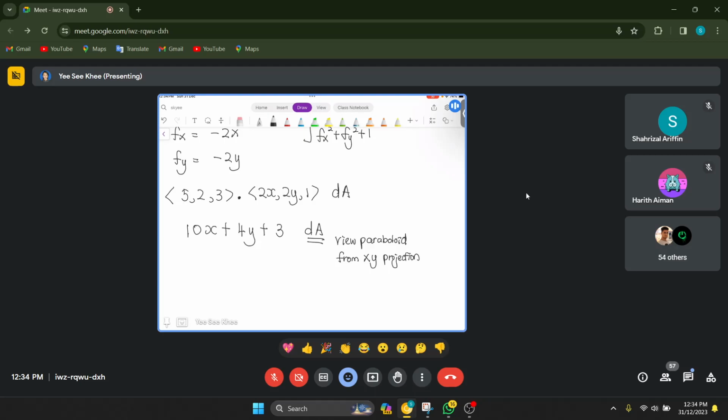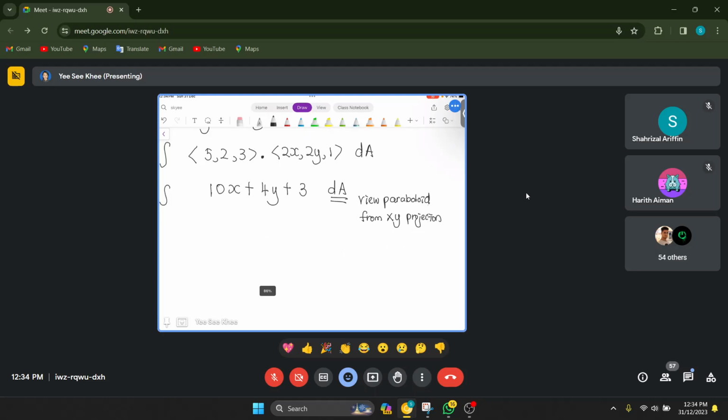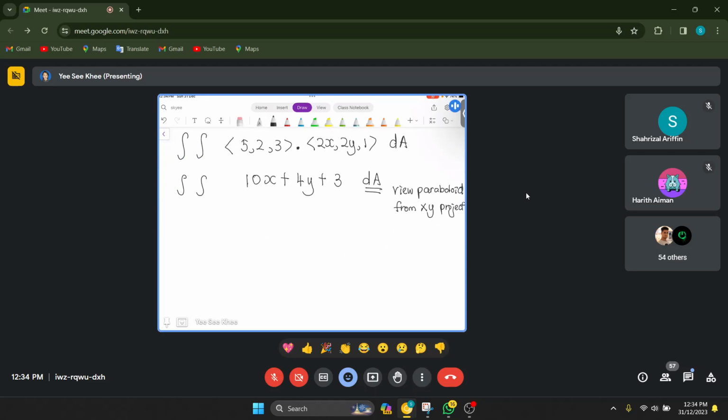In the XY projection, you will see a circle. So for the dA, you will use polar coordinates, it will be easier. Since you want to use polar coordinates, your integral will be dr and d theta. r will be from 0 to 2, and theta is 0 to 2 pi.